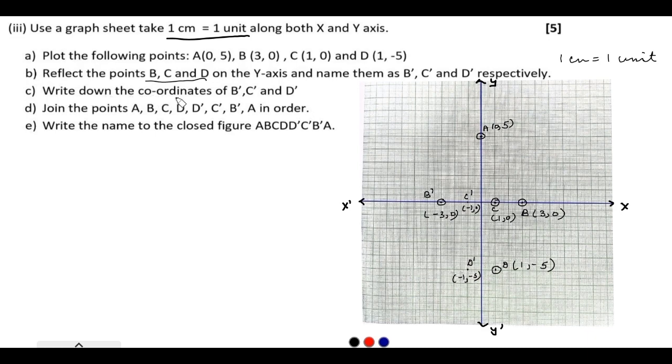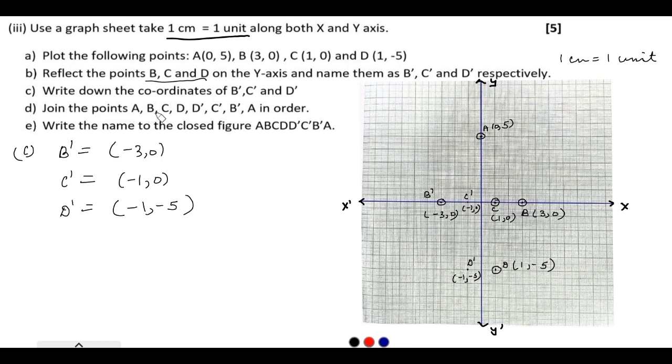Part C, write down the coordinates of B dash, C dash and D dash. Coordinates of B dash (minus 3, 0), C dash (minus 1, 0) and D dash (minus 1, minus 5).